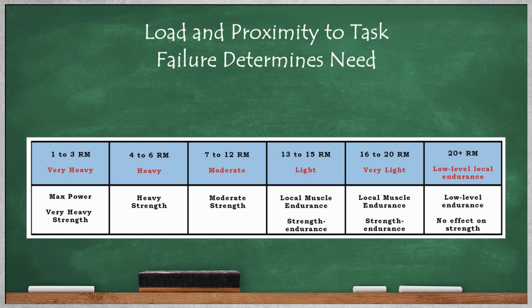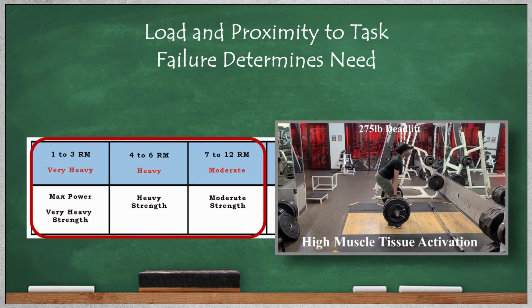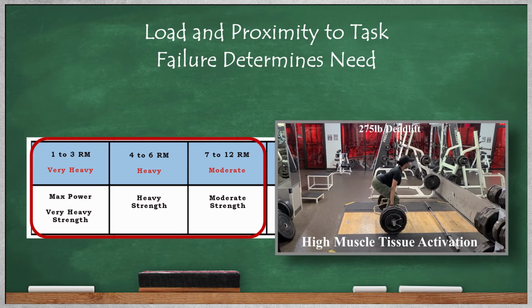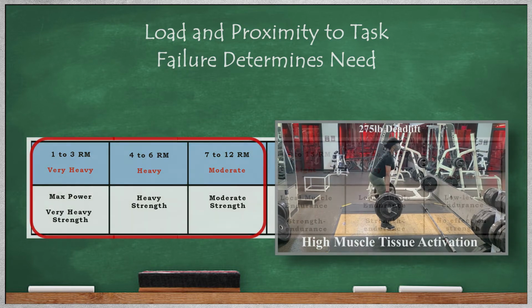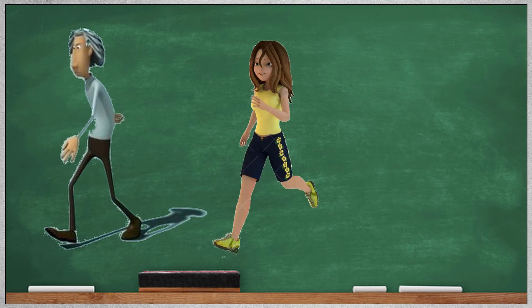This is almost completely dependent on the load of the task being performed. The greater the load, such as lifting moderate to heavy weights, the greater number of muscle tissue being activated. And this is what creates the distinction between non-exercise physical activity, or the move more movement, endurance training, and strength training.